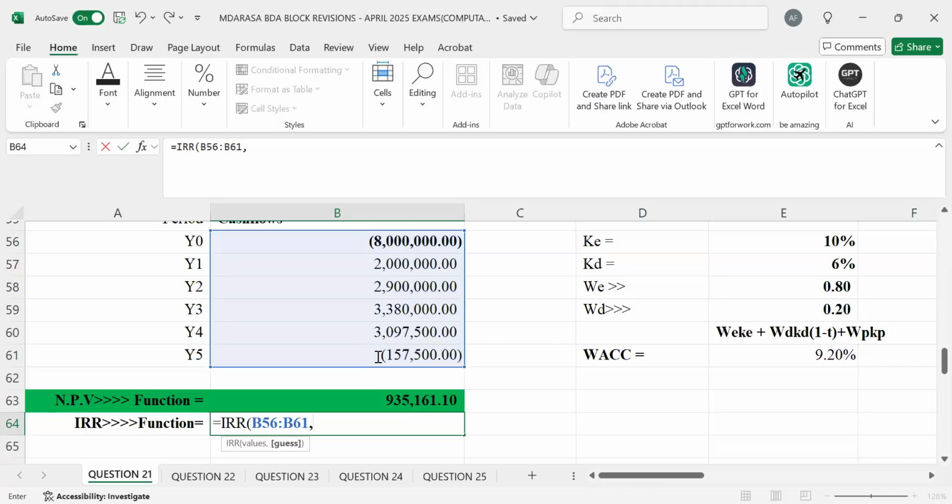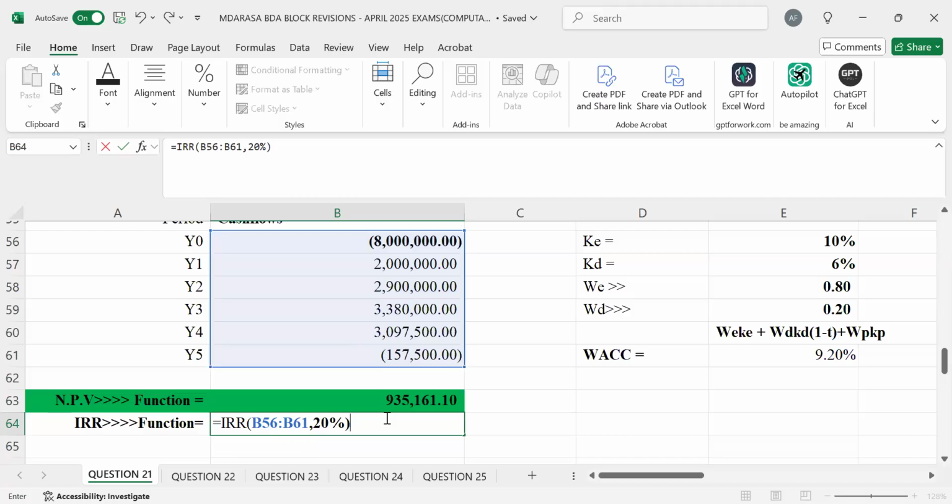So you can decide to take, we can guess, see the guess rate, because it's trial and error, you can guess say like 20% or any value that is higher than 9%. You can take 10, you can take 11, 12, 13, 14, so long as it is higher than that.